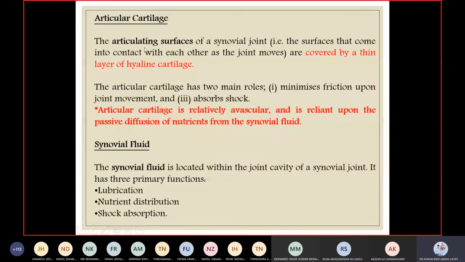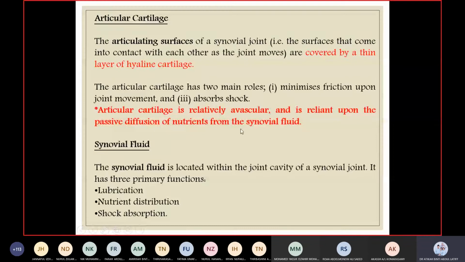Okay, so they're just the articulating surfaces of the synovial joint covered by a thin layer of cartilage. So the main role is to minimize friction of the joint and also to absorb shock. Okay, the articular cartilage is avascular, so it doesn't have its own blood supply, and it receives nutrient by diffusion from the synovial fluid, because synovial fluid contains nutrient.